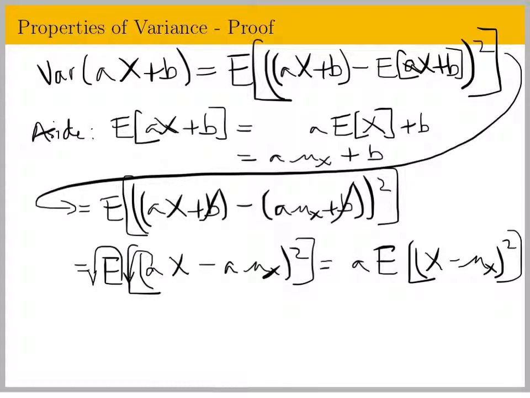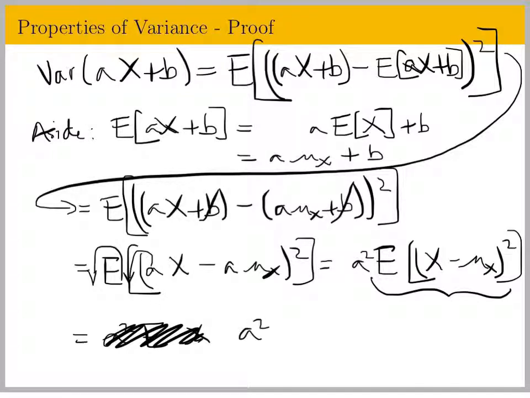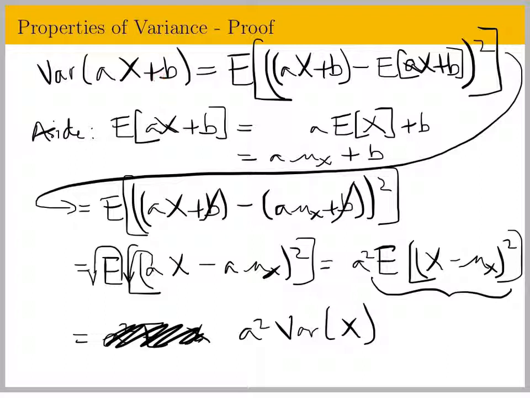Now what is this quantity right here? That's the variance of X by definition. Sorry, I should have squared the A back here. So what we have is A squared times, by definition, the variance of X. So what happened? Since B is a constant, it doesn't vary at all.